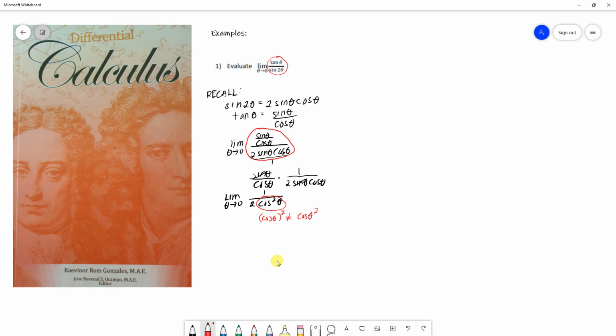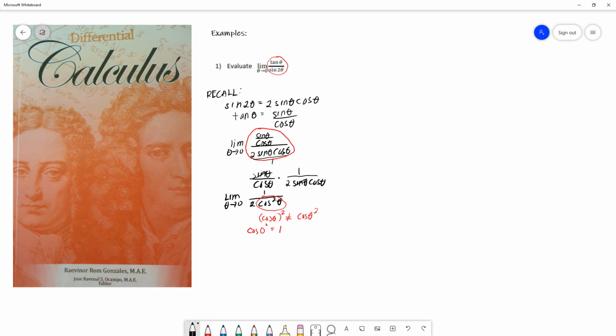Take note about it. Now, if theta is replaced by 0, what is the value of cosine 0 degrees? I will teach those identities too; I may upload a video, or we will come back to it when we reach the trigonometry part. Cosine 0 degrees is equal to 1. Sine 0 degrees is equal to 0.